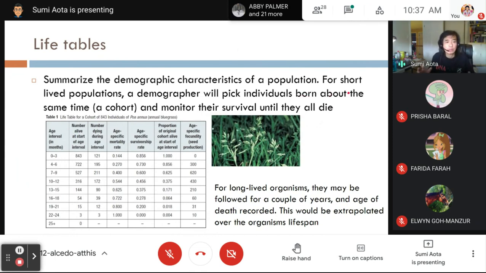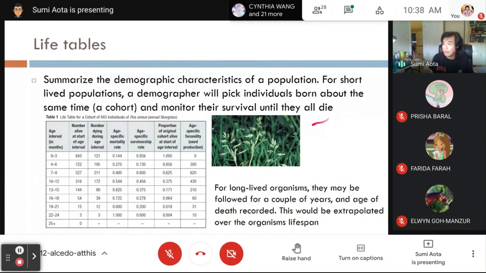For individuals with really short lifespans, so insects like spiders, say, which only survive one season, 1 year, or even let's say fish, you're going to pick individuals from a particular cohort, born at the same time, which is what we call a cohort, and monitor how many of them survive until every member of that cohort dies.